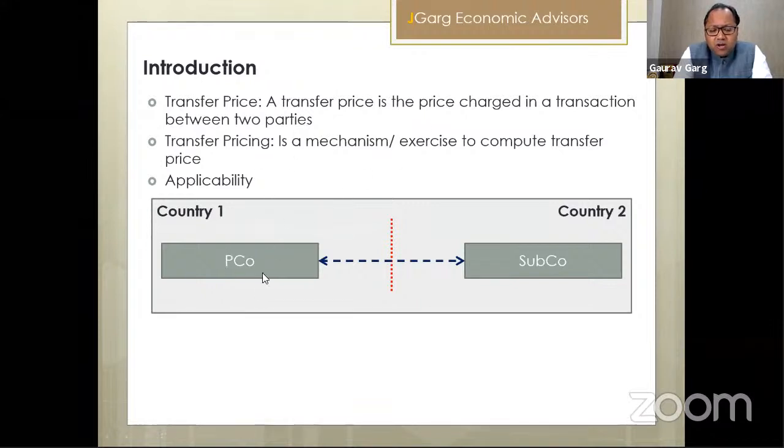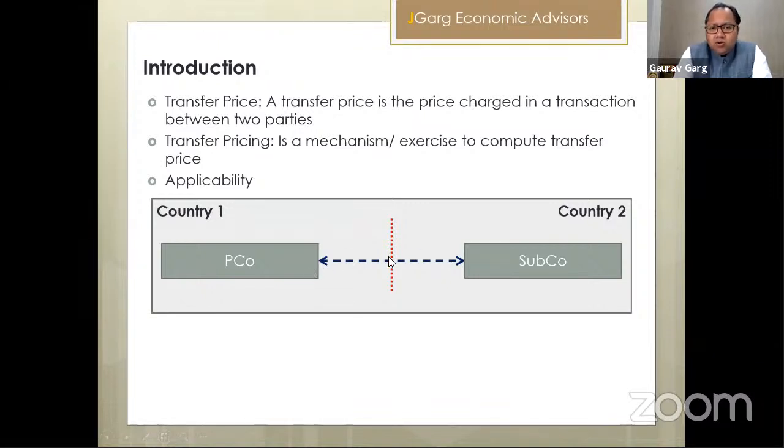So the tax authorities of the parent company would like to protect their share of taxes. Similarly, the tax authorities of the subsidiary company would like to protect their share of taxes. So we may find transfer pricing regulation in the parent company's jurisdiction, or in the subsidiary company's jurisdiction, or in both the countries.